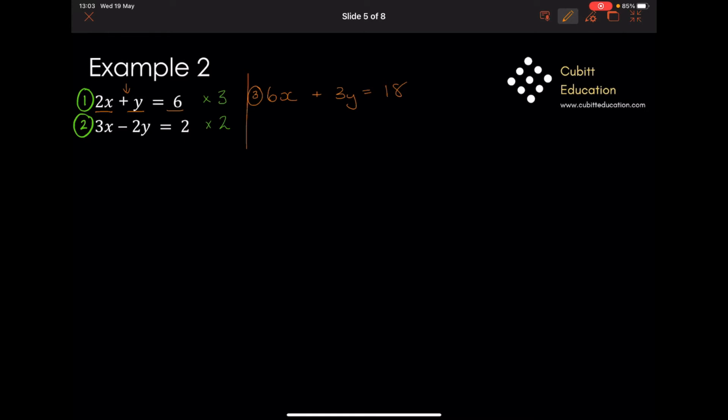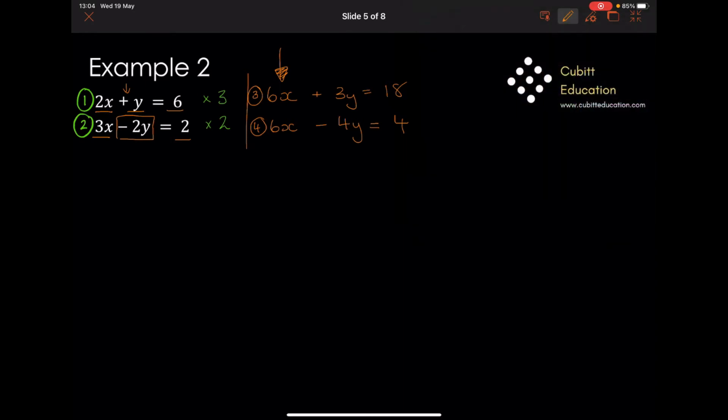Then I'll move on to equation 2, and I'm going to times that by 2. So 3x times 2 gives me 6x. And then I've got minus 2y times 2. Minus 2 times 2 is minus 4, so that must be minus 4y. And then 2 times 2 is 4. I'm going to label this equation 4.